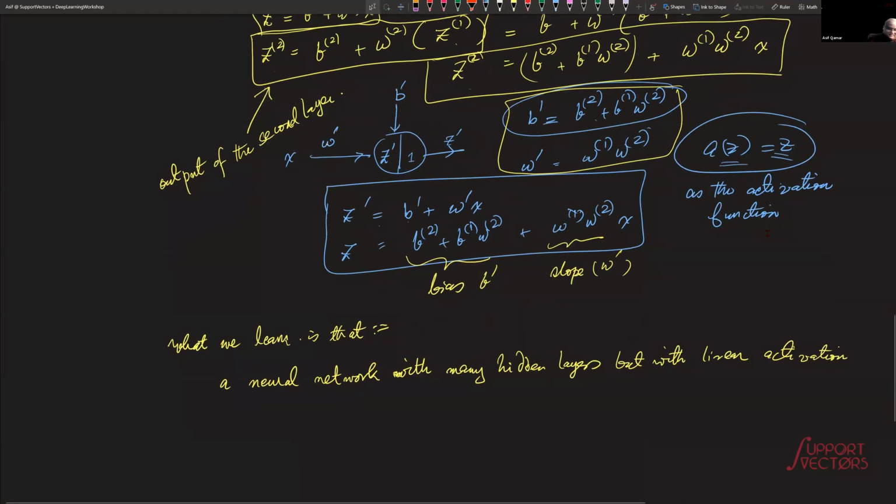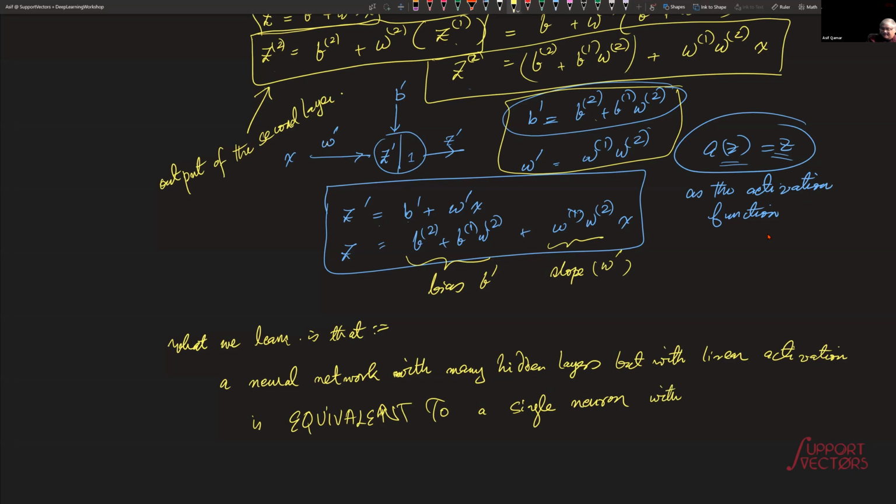It is equivalent to a single neuron with linear activation.